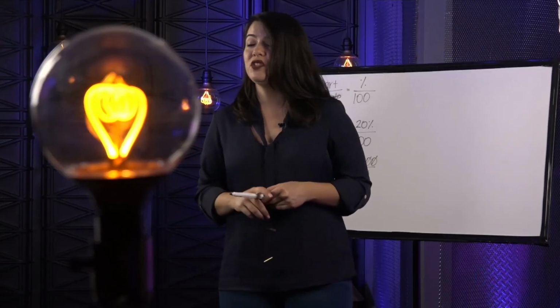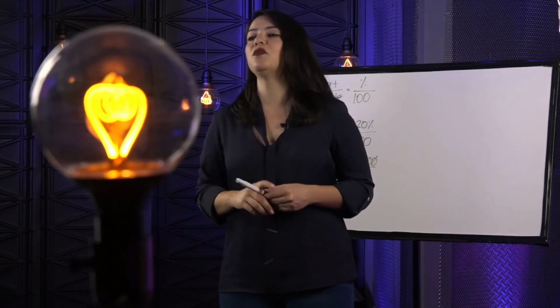So here it gives us the percentage and the number of households. If 10,000 is the number of households, then 10,000 is the whole. And once again, we are looking for the part.